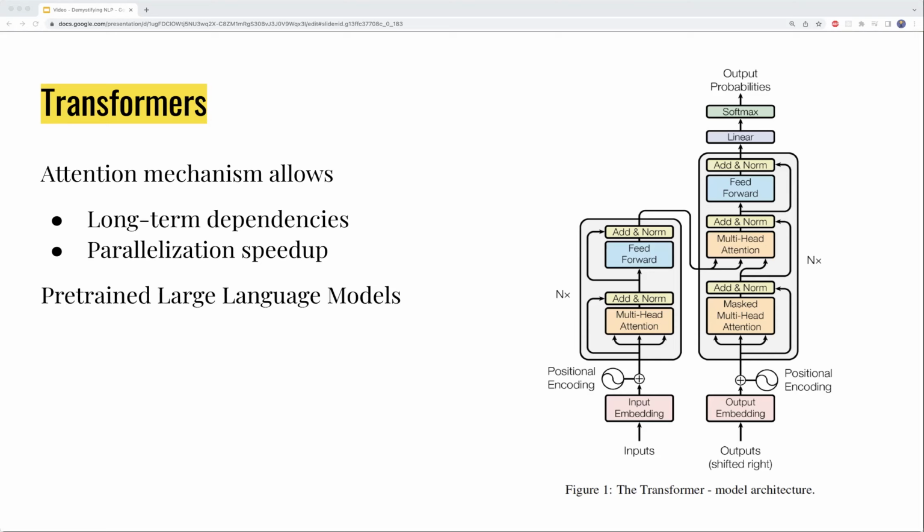And of course, that led to these pre-trained large language models. But it could take millions of dollars to train a model. So most people start with one of these pre-trained models, then fine-tune them for a specific downstream task like classification, text generation, or whatever.